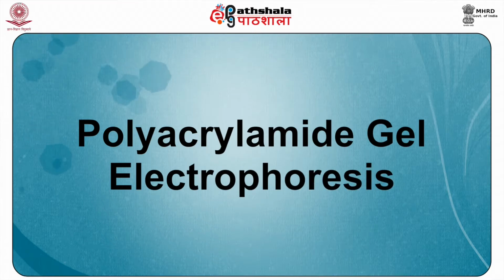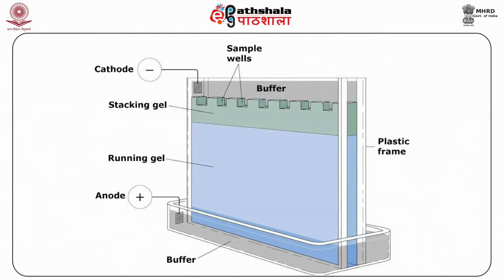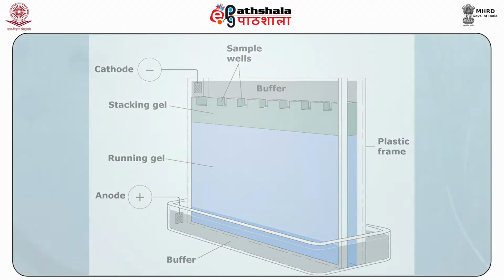Polyacrylamide gel electrophoresis. PAGE is used for separation of proteins. The acrylamide gel used serves as a size selective sieve during the process of separation. The mobility of smaller molecules is faster than the larger ones. In most PAGE applications, the gel is mounted between two buffer chambers and the only electrical path is through the gel.